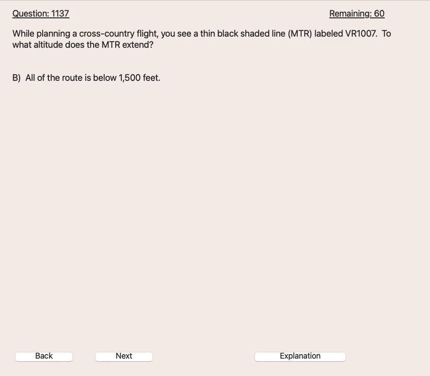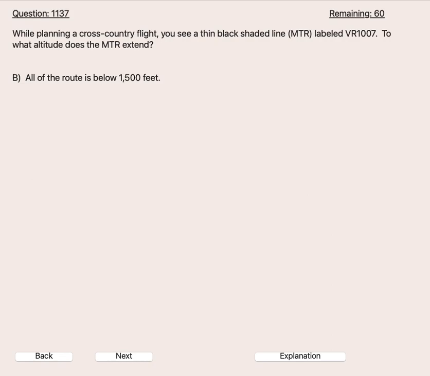According to this, military training routes with no segment above 1,500 feet AGL must be identified by 4 number characters. Example, VR1207. Military training routes that include 1 or more segments above 1,500 feet AGL must be identified by 3 number characters.